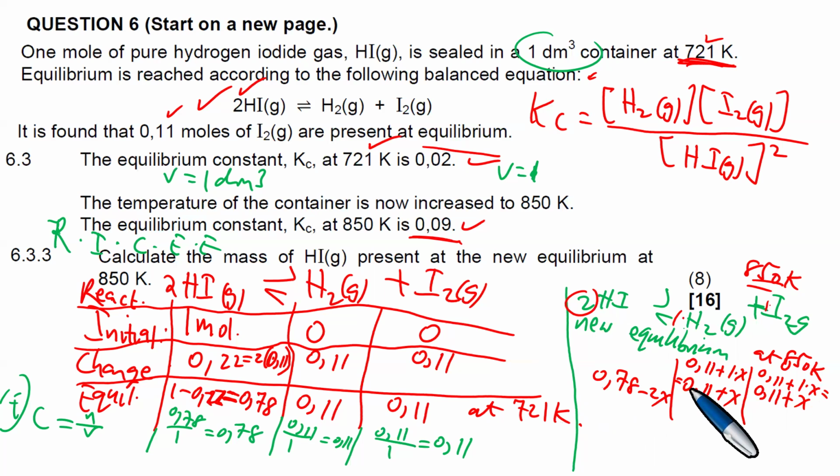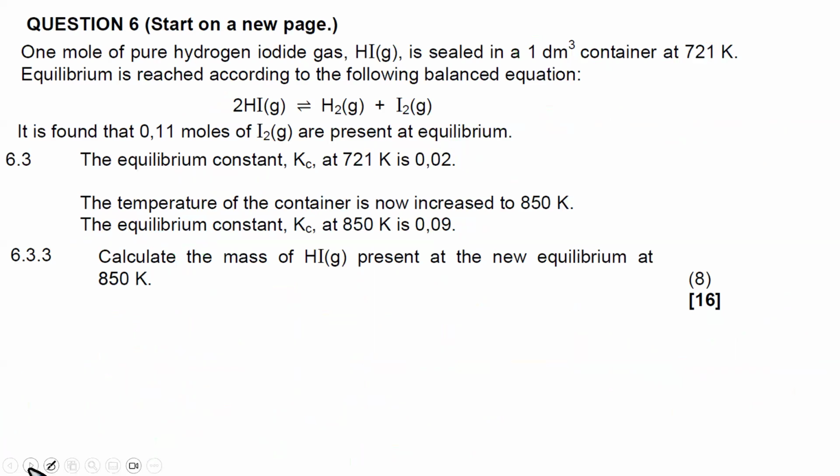Let's continue. So in principle, what does this mean? It means that when we have the new equilibrium, we have the same sort of equation here. We have hydrogen iodide, 2 moles of it.